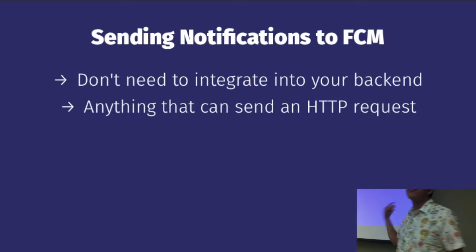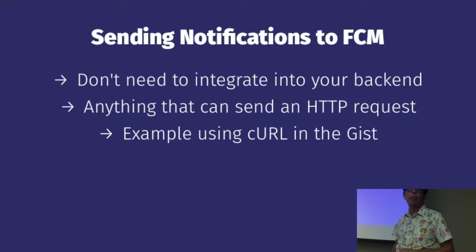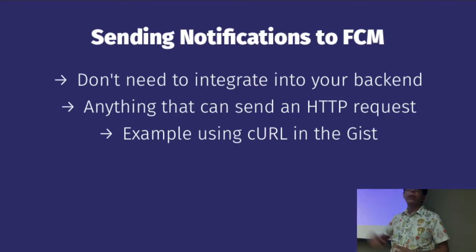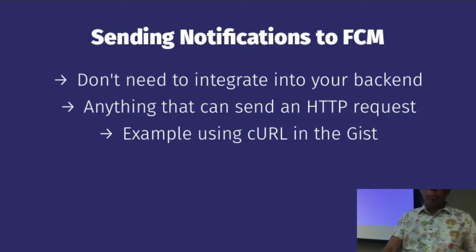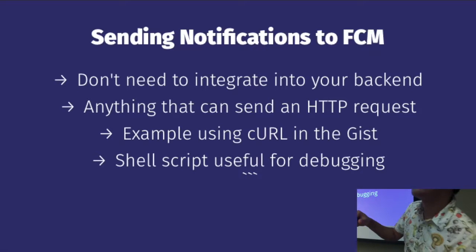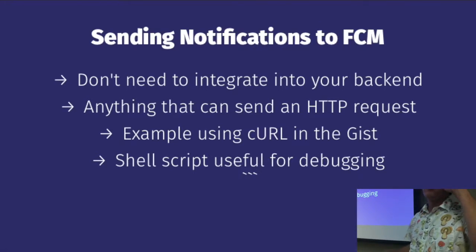In the gist that I alluded to earlier, I have an example using curl. It's just a simple bash script. You take the server key that you get from the console, put it in the script, and you're good to go. It's also really useful for debugging, because you can send to individual devices when you're debugging. You just need to record that registration token. You can even just dump it to Logcat, cut and paste it, and then send a test to one device individually.